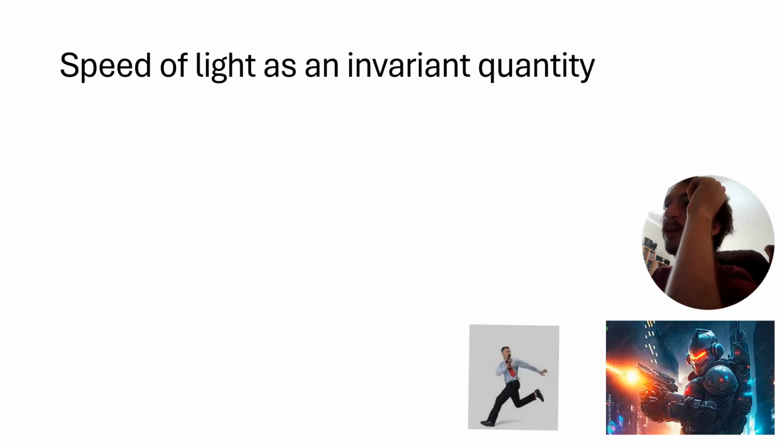So, as we said at the start of the introduction, the cornerstone of special relativity is that all non-accelerating observers agree on the speed of light. So it doesn't matter how fast you try to run away from a light beam which is moving towards you, it will reach you with the exact same speed as if you were completely stationary.